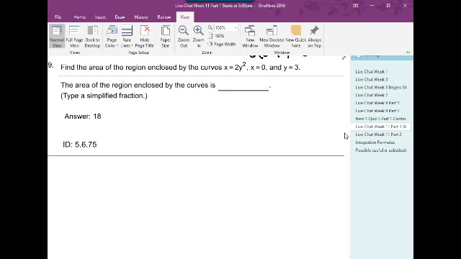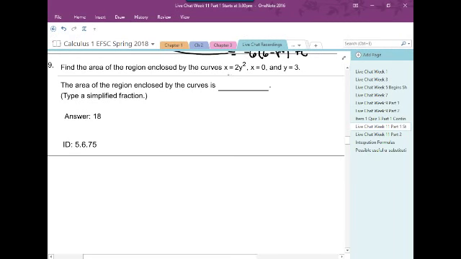So for number 9, we have find the area of the region enclosed by the curves x equals 2y squared, x equals 0, and y equals 3. The first thing I want to point out is the x equals 2y squared here. Whenever you have the highest power as a 2, that's going to be a type of parabola.